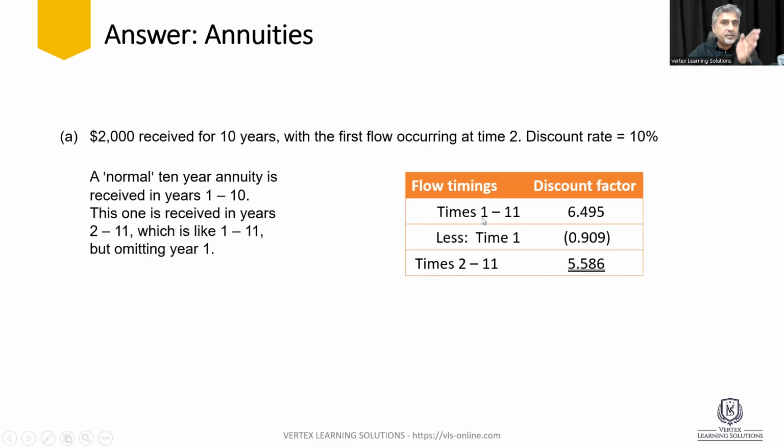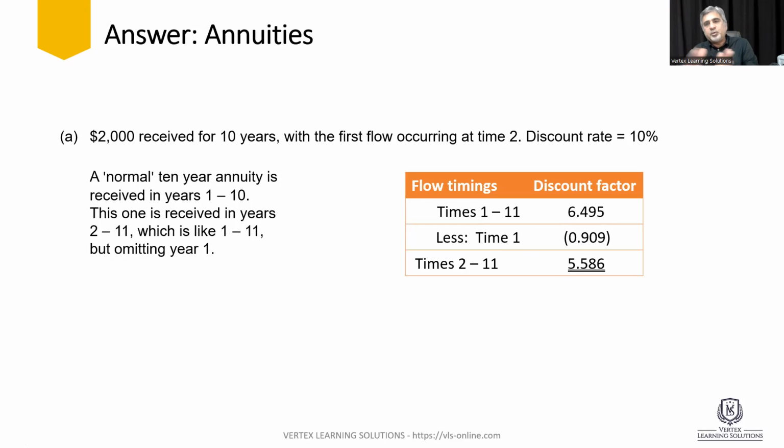You have to take from year 1 to year 11. So this number, 6.495, is appearing in front of the 11th year. You take it from the 11th year, and it does include year 1, which we do not want. So you subtract the value for year 1. This is the annuity factor for year 1, and this I don't need, because I don't need 11 years. I need only 10 years.